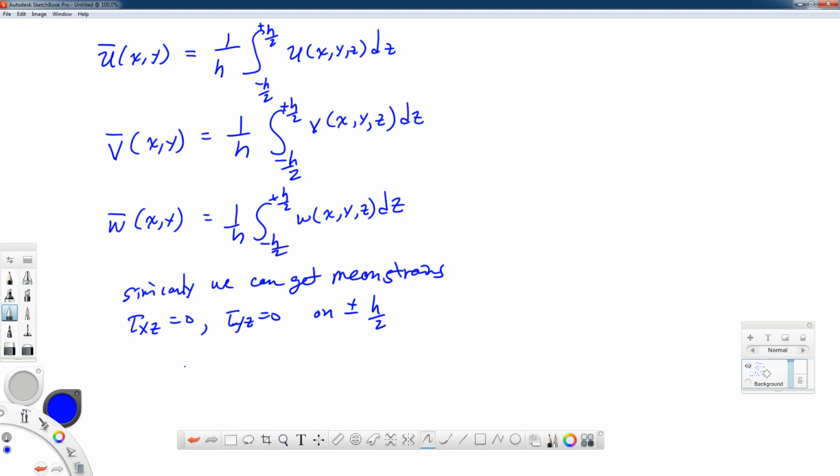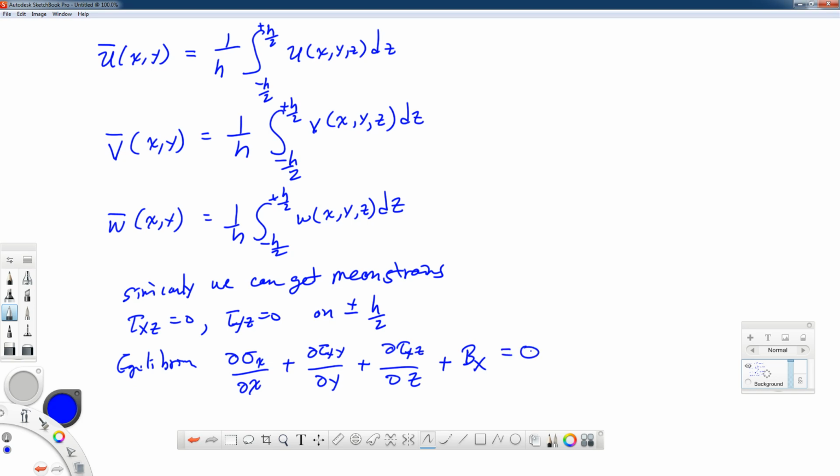And our equilibrium equation then would look something like partial of sigma x with respect to x plus the partial of tau xy with respect to y plus the partial of tau xz with respect to z plus the body force in the x direction per volume equal to 0.